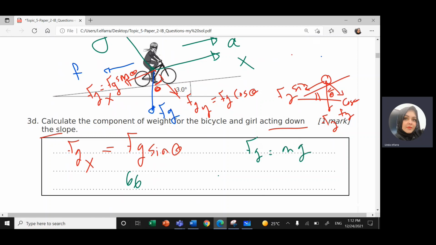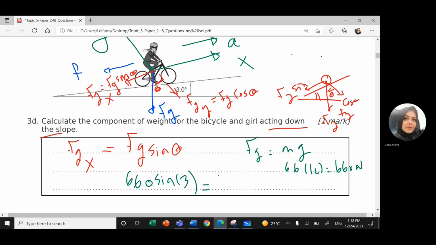So free fall acceleration is 10. 66 times 10 will be 660 Newton. So 660 sine 3. And this will equal 34 Newton, between 34 and 35 Newton.